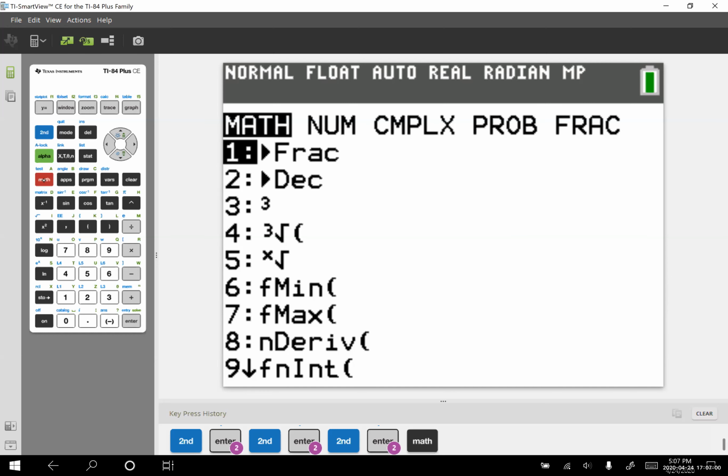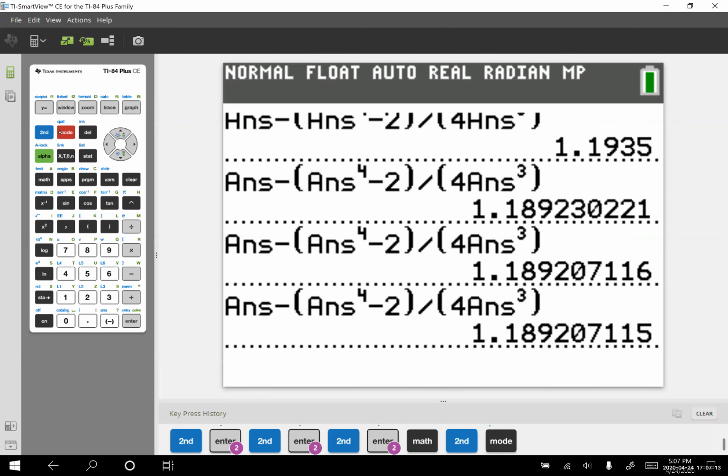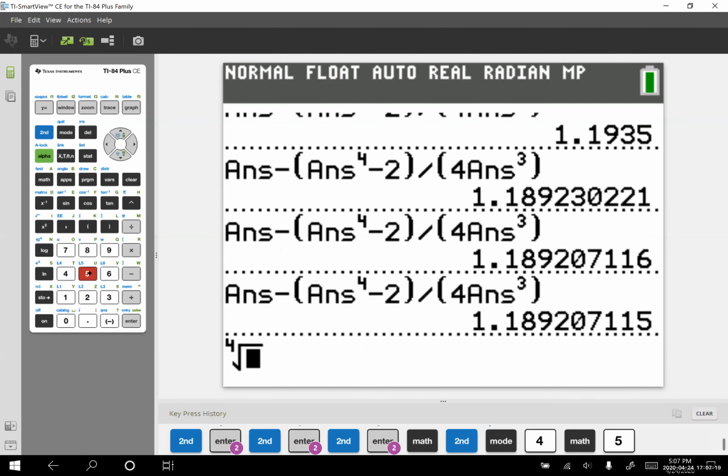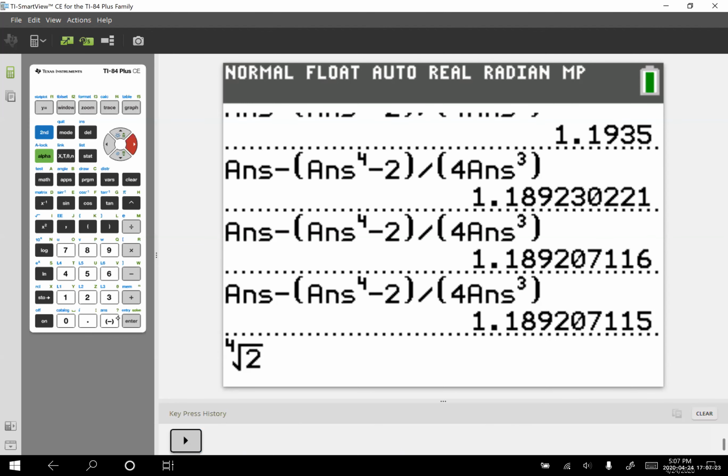That button right there. You're going to use the 5th selection there where it says x root, but we're going to need to type in a 4 first because we want to take the 4th root. So get out of that menu and type your 4 and then use that 5th selection there. Okay, so the 4th root of 2. Enter.